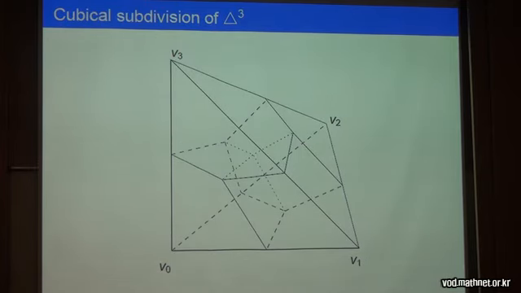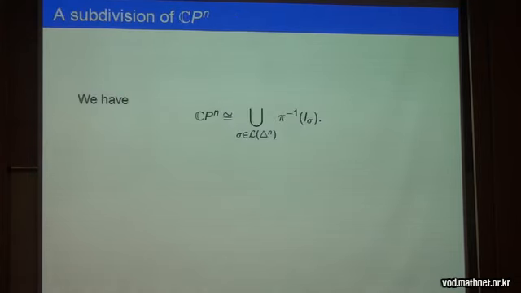So using this cubical subdivision, first we can subdivide CPN with this type of subset, which is the inverse image under the orbit map of these cubes I_σ, where σ belongs to a face of the n-dimensional simplex. From this we have another observation: if σ is a face of τ, then π^{-1}(I_τ) is a subset of π^{-1}(I_σ).